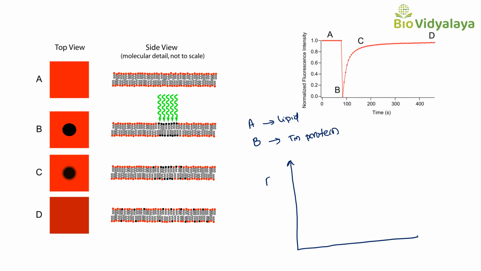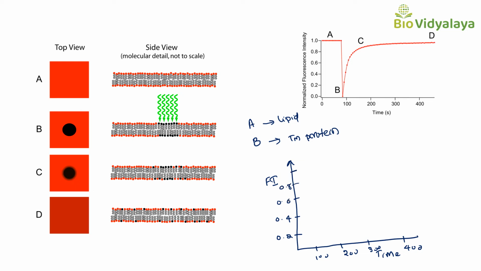Fluorescent intensity on the y-axis and time on the x-axis. Here 100, 200, 300 and 400, and here 0.2, 0.4, 0.6, 0.8 and 1.